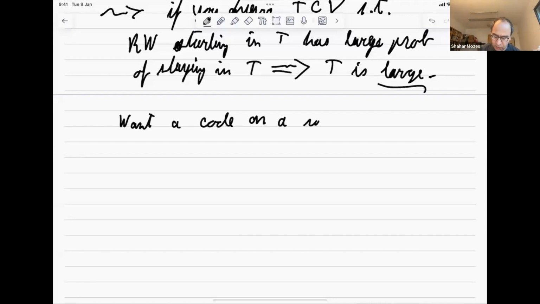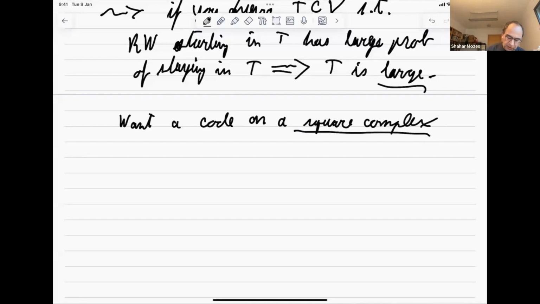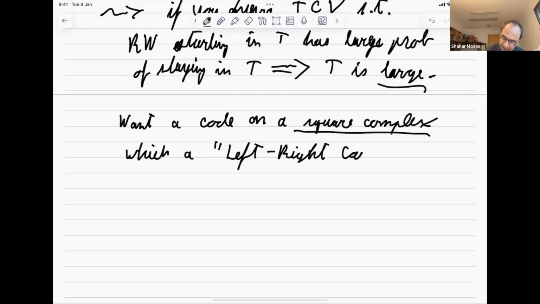Instead of a graph, we're going to work with a square complex. The object we are going to use is what we'll call the left-right Cayley complex. This is the object that I promised is related to groups, which is nice.